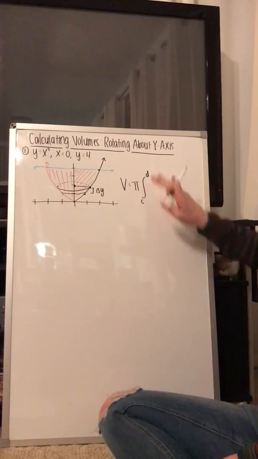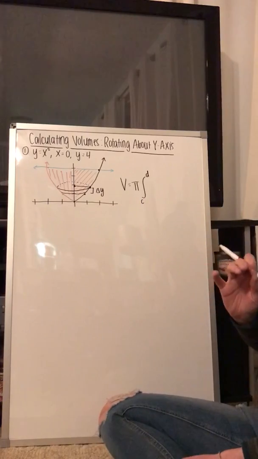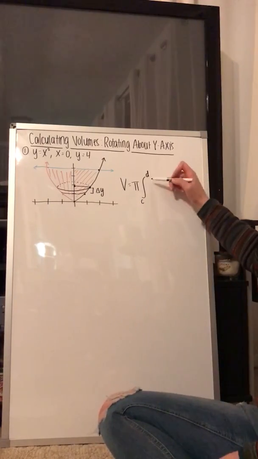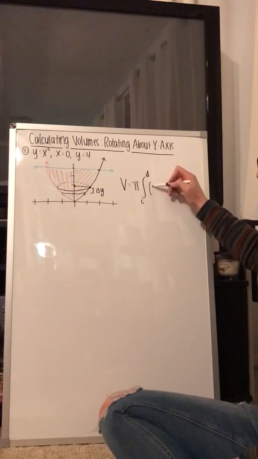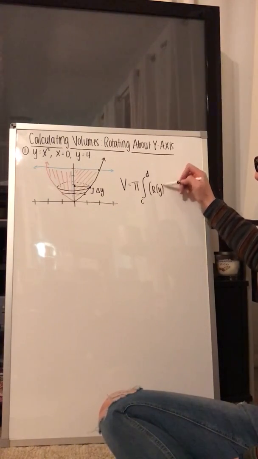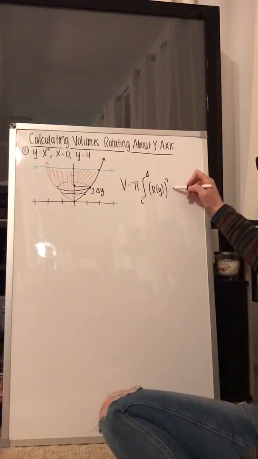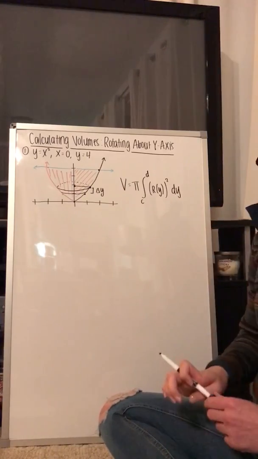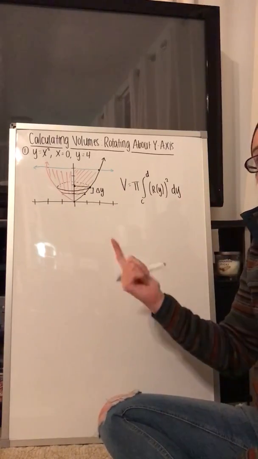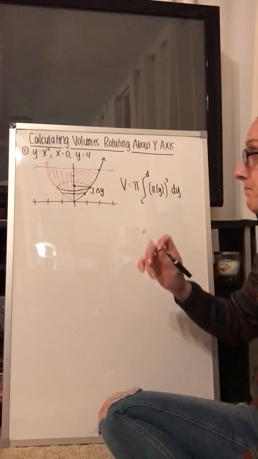Before we were integrating in terms of a and b, which represented x values. C and d are going to be representing y values. And here we have our radius squared, but our radius is going to be in terms of y, so the radius in terms of y squared. And normally we would put dx here, but since we're rotating about the y-axis, or about a vertical line, we're going to be talking about that in terms of dy, or the delta y.